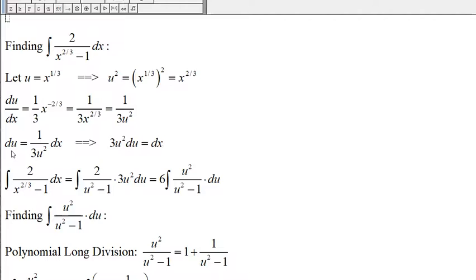So here we get du is equal to 1 over 3u squared times dx. Multiply both sides by 3u squared. We get 3u squared du is dx.